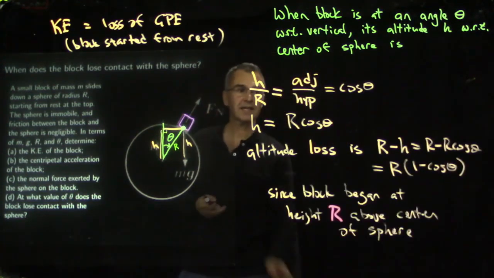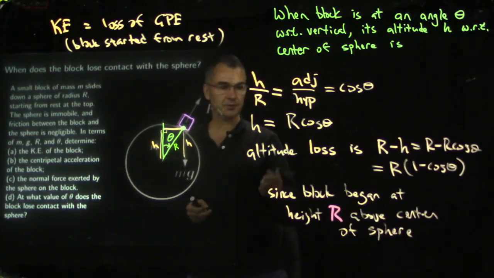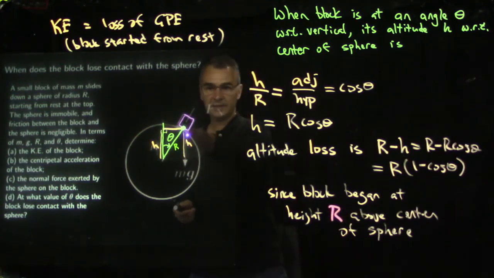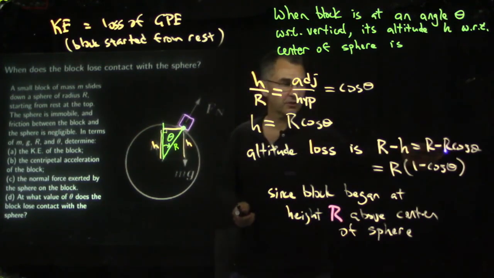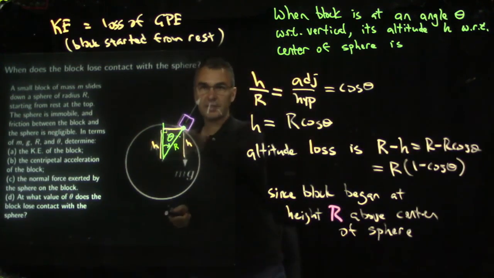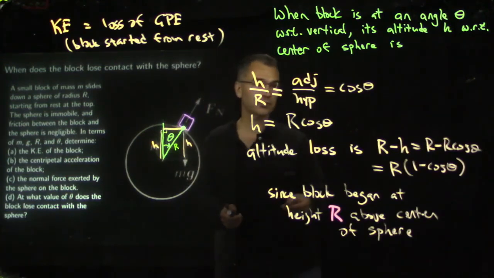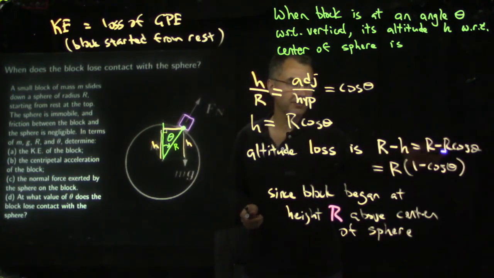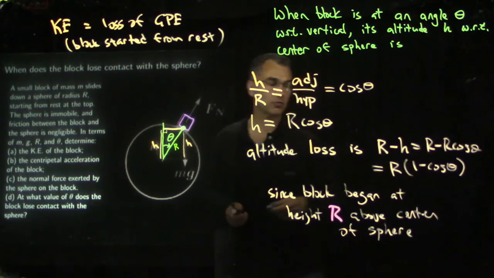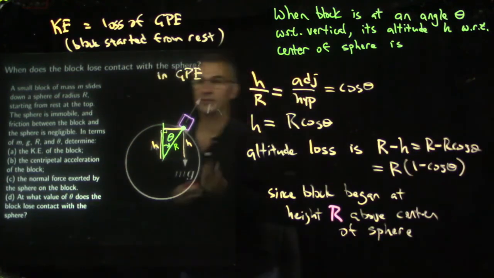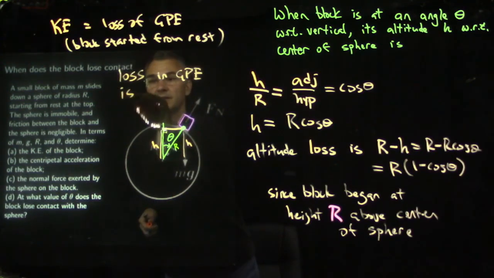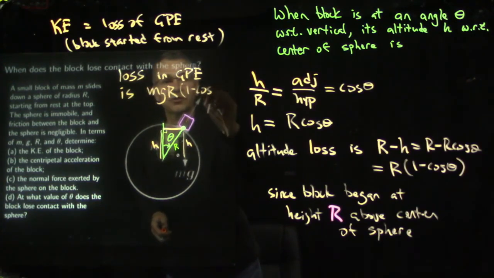Since the block began at a height r above the center of the sphere, and now it's at a height r cosine theta, it seems like the loss of altitude of the block is r minus r cosine theta. So it's r times 1 minus cosine theta. So loss in GPE is mgr times 1 minus cosine theta.